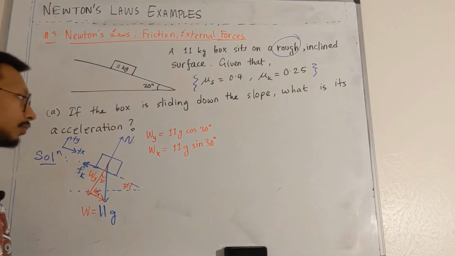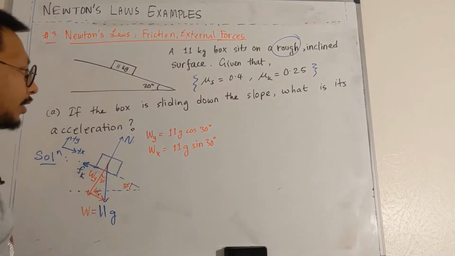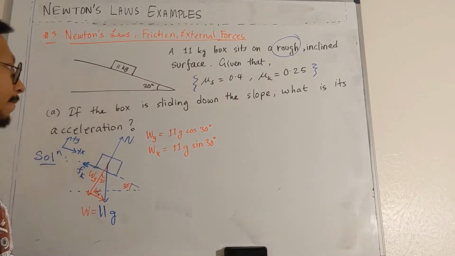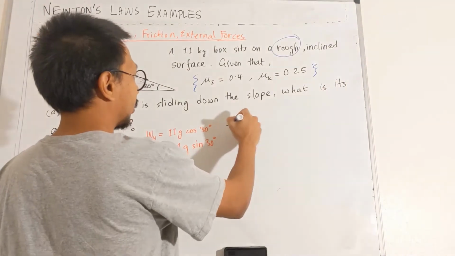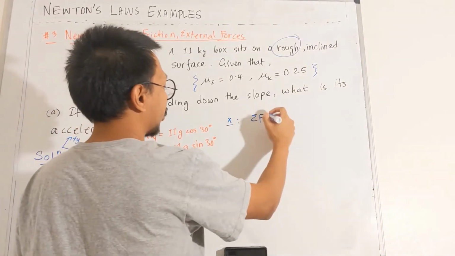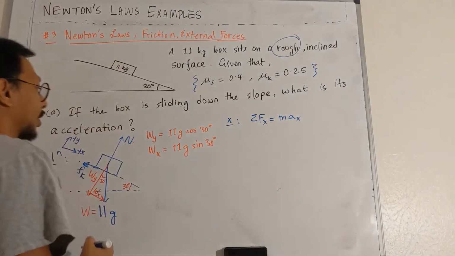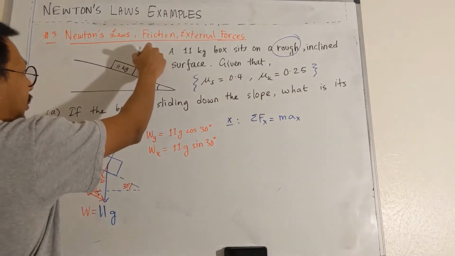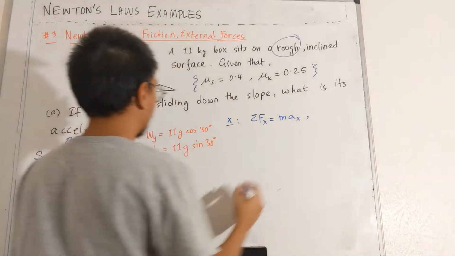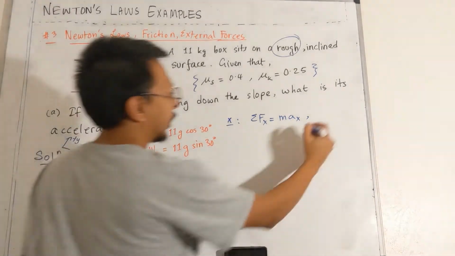Okay, now all of the forces are along either axis, hence we can go ahead and write our Newton's second law equations. Along the x-axis, our Newton's law equation is summation of F in the x direction equals m times ax. Let's say the block slides with an acceleration a, so that x direction is along the plane, so ax is just a.